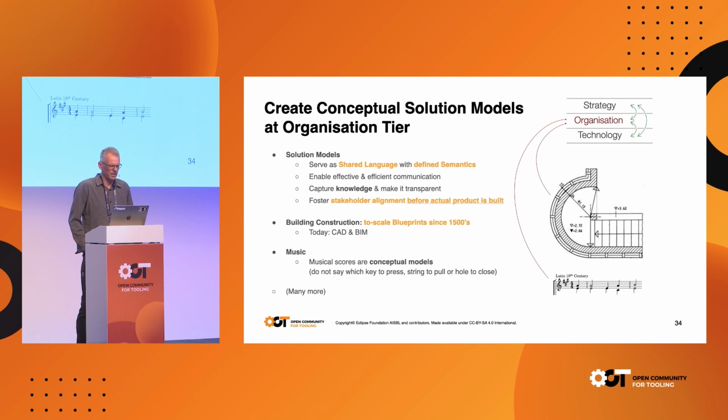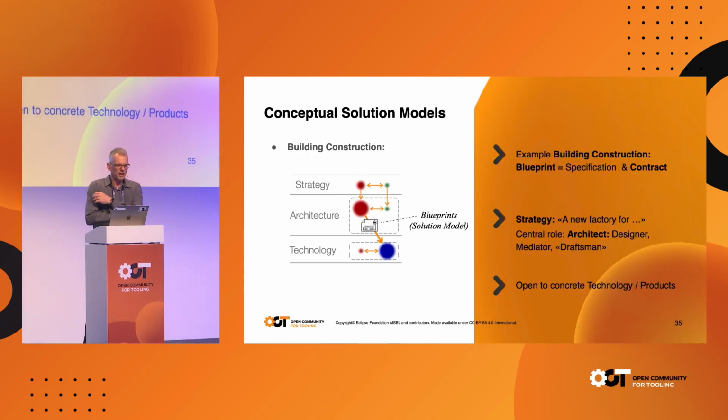It's the same for music. An orchestra just couldn't perform a Beethoven concert without the musical scores, which are a conceptual model of the music they're going to play. If we put that back into these transformation tiers, then we see that they do a lot of work at this middle tier, which they call architecture.